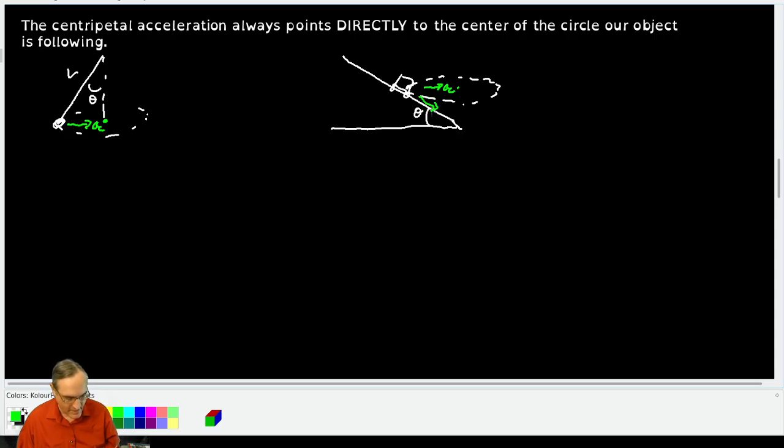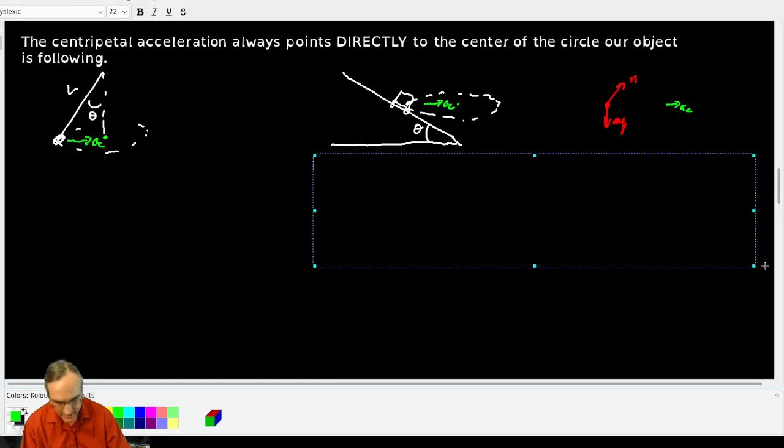It doesn't point down the inclined plane. It points purely horizontally towards the center of the circle it's tracing out. Now that does result in an interesting case, because if we think about forces that are acting on this, we'd have something like the normal, we'd have something like the gravitational, and then we have centripetal acceleration pointed towards the center.